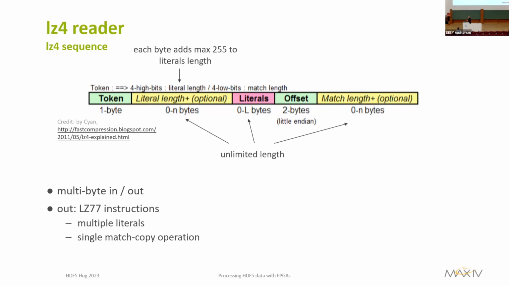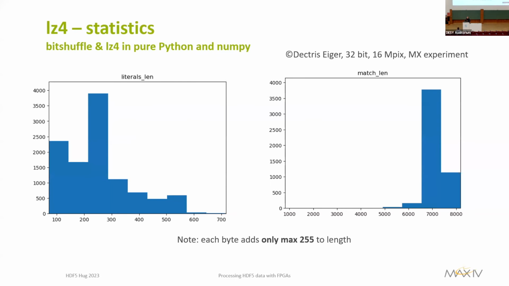So there are 3 fields that actually have unlimited length. The match copy operations are partially mixed with literals, so it's not easy to interpret this LZ4 sequence on parallel hardware. It is actually easy, but only if you do it byte by byte, or you are limited. With Snappy, it is possible from reading just 5 bytes ahead to know what is happening. Here it is not so simple.